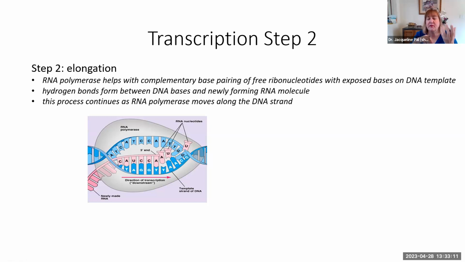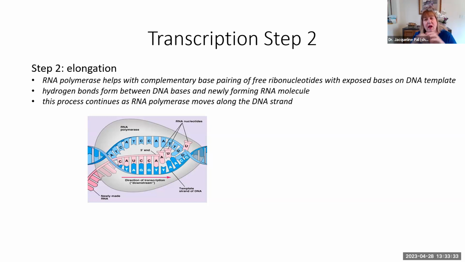So for instance, if there's a cytosine, it's going to bring a guanine. If there's an adenine, it's going to bring a uracil, because remember, DNA contains thymine, but not RNA. RNA uses uracil to bind to adenine. So it'll bring a uracil.